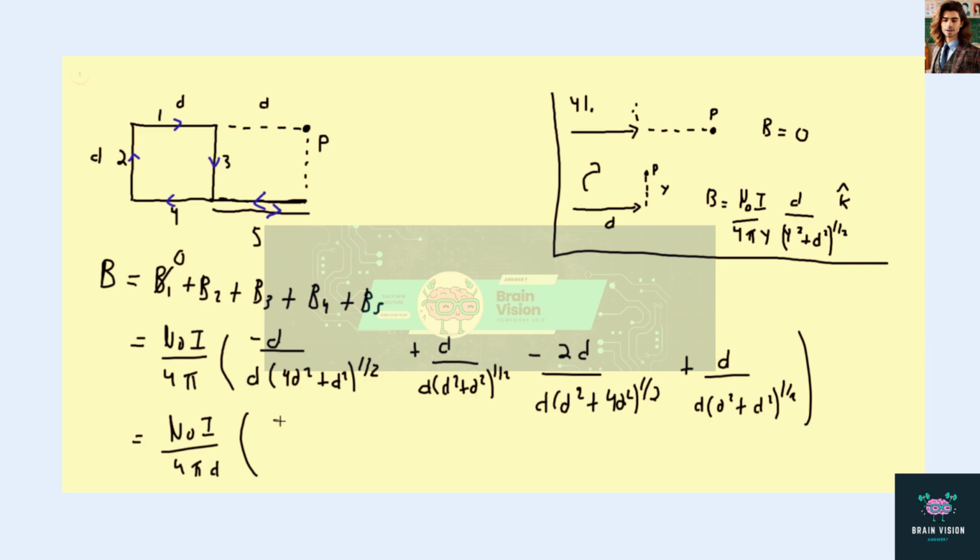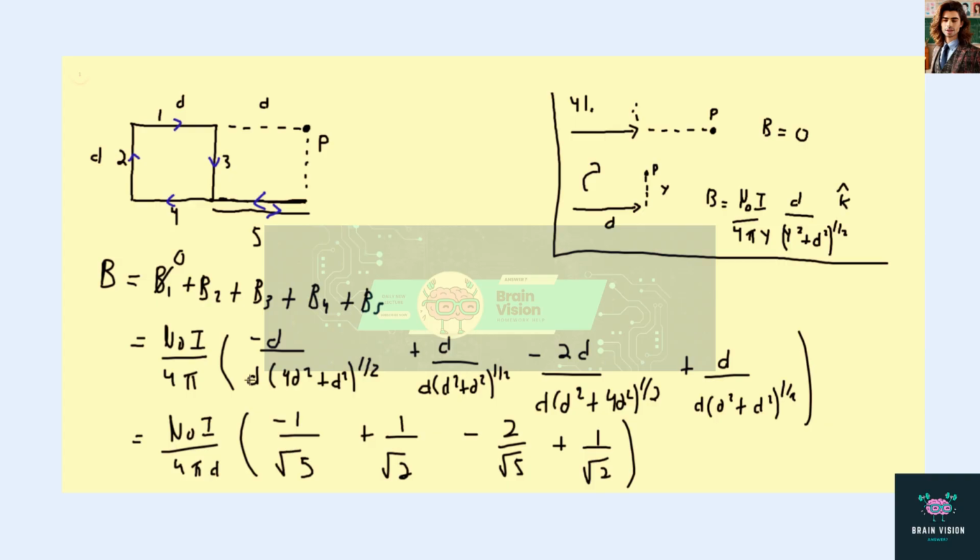So this will be -1 over root 5, and then we'll have plus 1 over root 2, and then minus 2 over root 5, and then plus 1 over root 2.